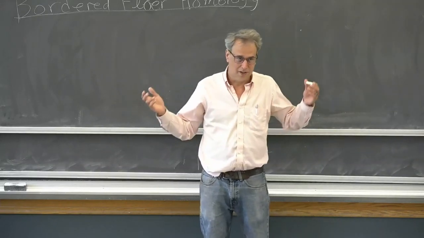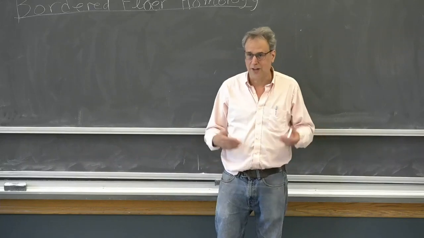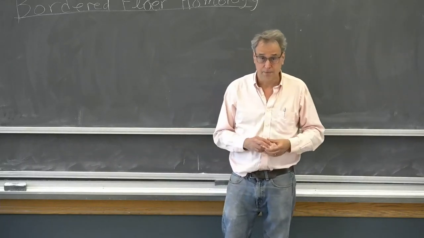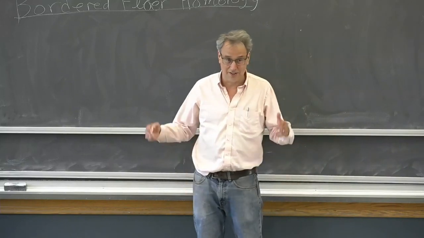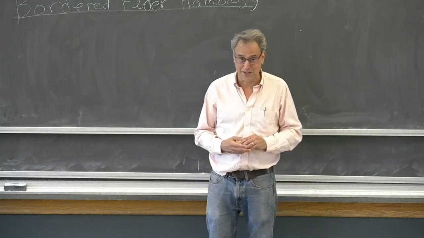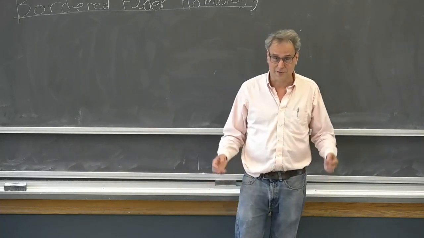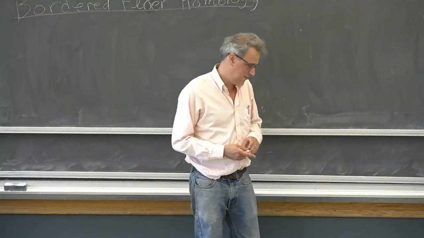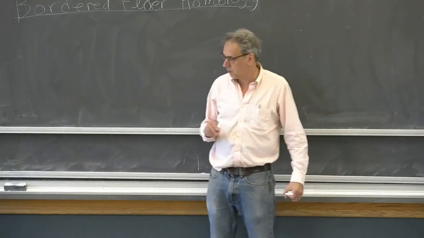For an n-crossing knot, you have (n+2)! generators. So we're going to take a homology of a chain complex which is (n+2)! dimensional. That's pretty daunting. So that's one of the prices you pay for having such a simple differential.